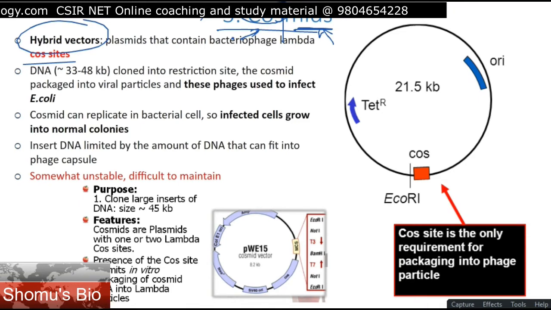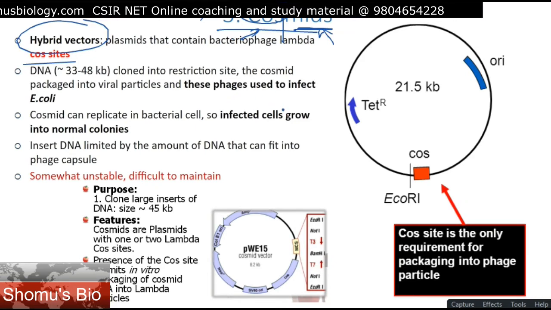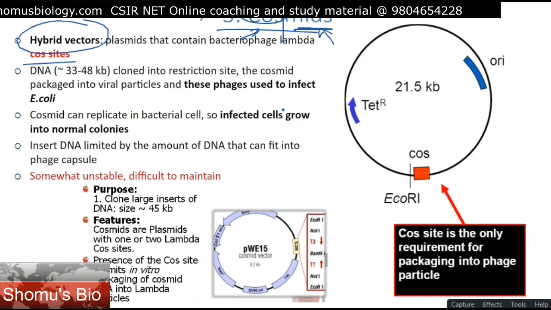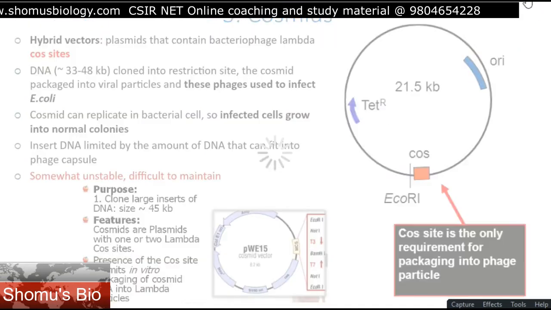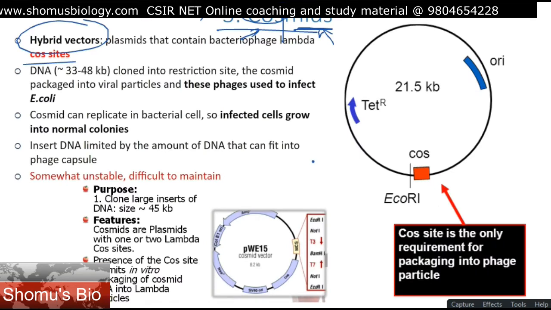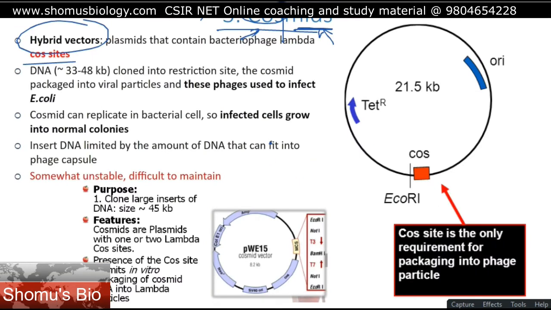On the other hand, we use the plasmid's other features for the cloning purpose. So we get the benefit of a plasmid for its simplicity and maintenance, and we also get the benefit of bacteriophage lambda because we have the cos sites, so higher packaging efficiency. That's why the cosmid proved to be a very important vector that can clone a bigger length of DNA, with better cloning efficiency as well as better packaging efficiency.